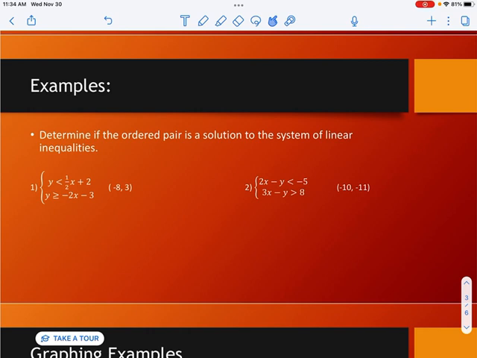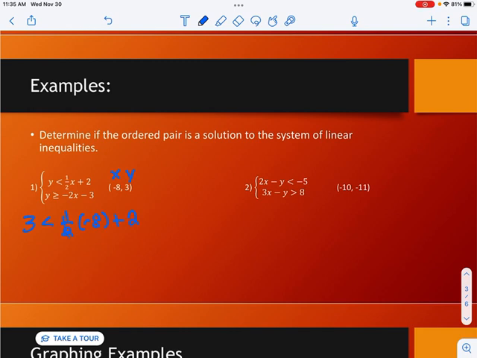inequalities true. All right, so on this first one, it says determine if the ordered pair is a solution to the system of linear inequalities. So remember, this is our x, this is our y, so we would simply plug it in. So we would say 3 is less than 1/2 times -8 plus 2.